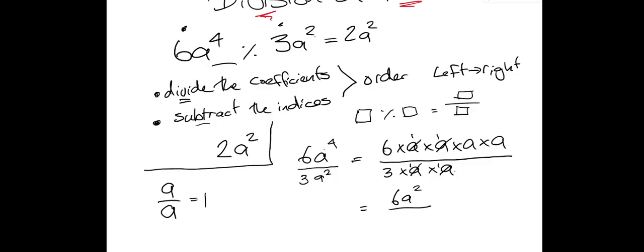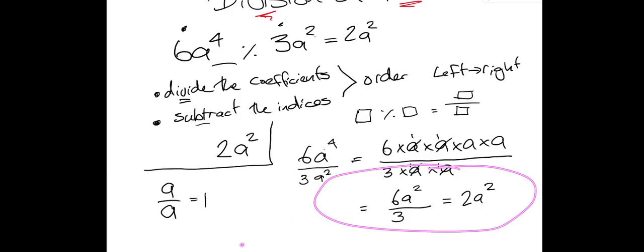Both of those a's are now 1. 3 times 1 times 1 is 3. And now you see why this works. 6 divided by 3 is 2. We get the same answer doing it longhand as we got using our rule.